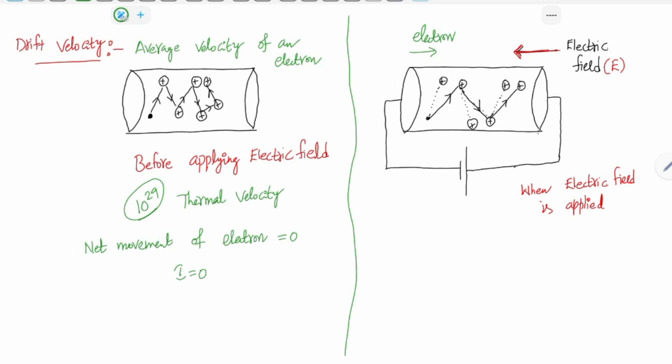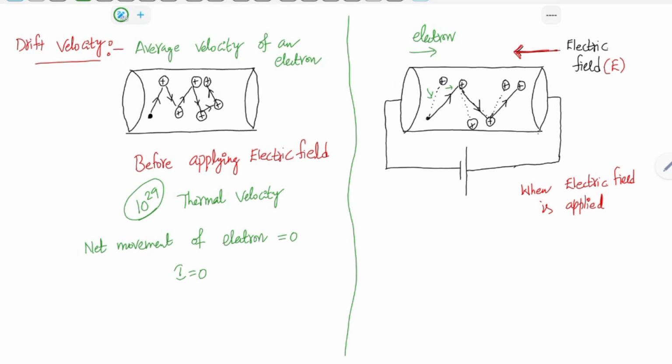against the electric field. So for example, let us say the electron here has to actually hit this positive ion. This is shown with a dotted line. Actually it has to hit the positive ion, but because of this electric field applied, the electron drifts a little bit and hits another positive ion.